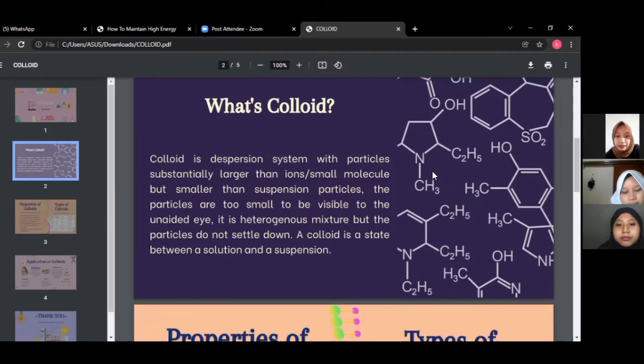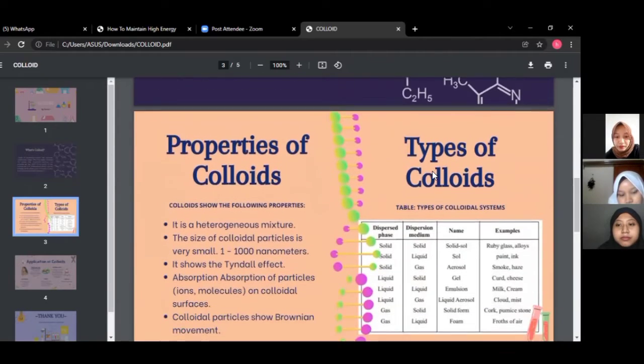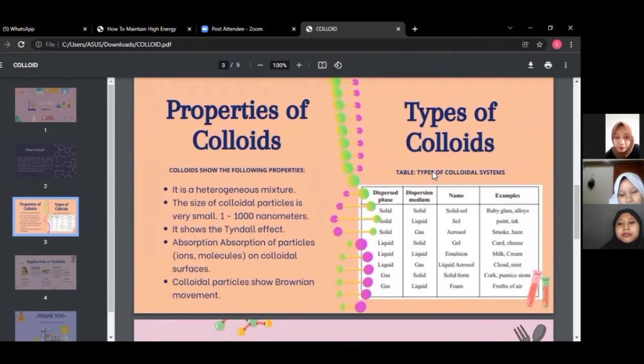Okay, next, please. So there are properties of colloids. The colloids show the following properties. The first is it is a heterogeneous mixture, and the second is the size of colloidal particles is very small, about 1 to 1000 nanometers, and it shows the Tyndall effect.